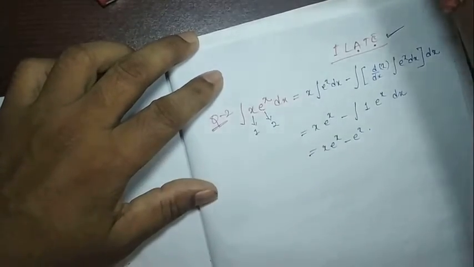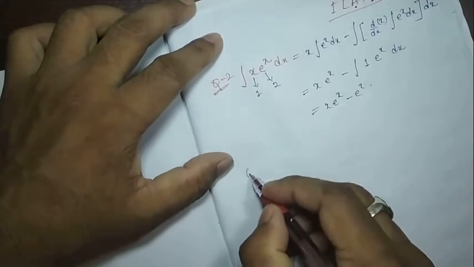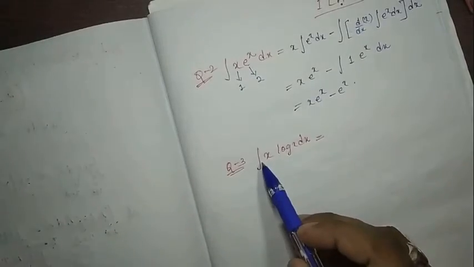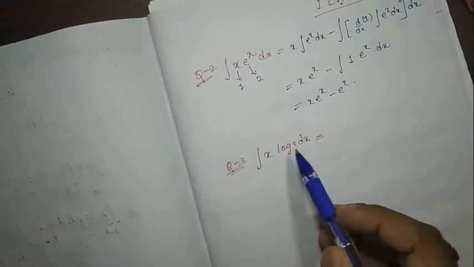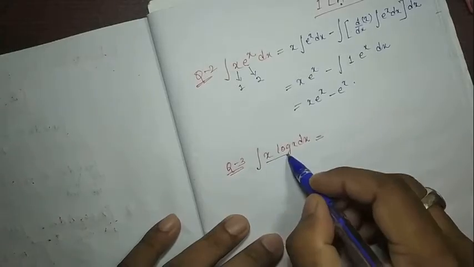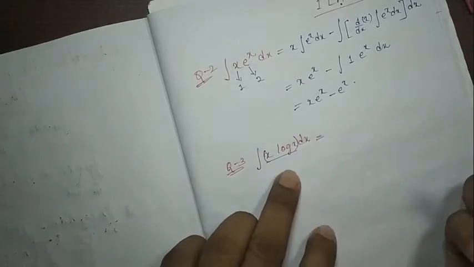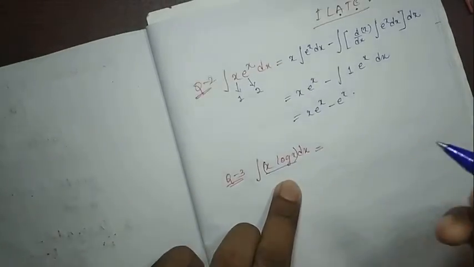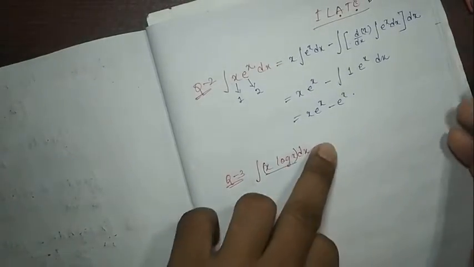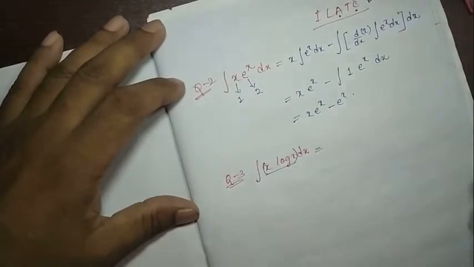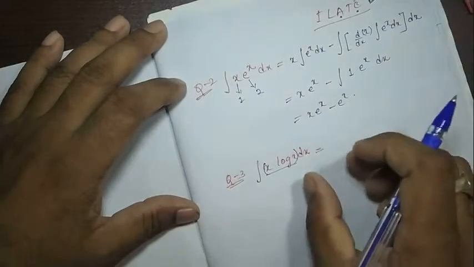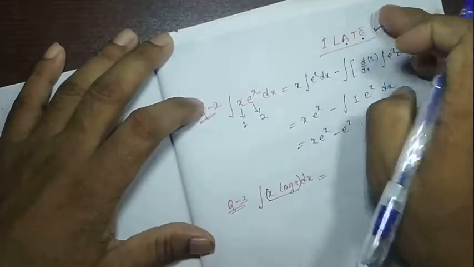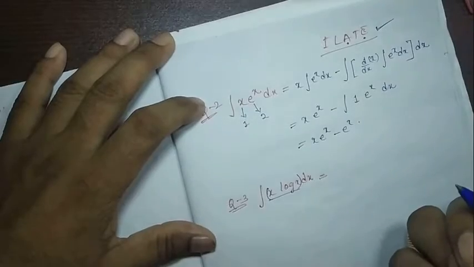Okay, now we have to consider another question, that is x log x dx. Here x and log x are both functions of x, in product form, which indicates that we have to use by parts. For that we have to write the formula, then we have to find the answer. But before we write the formula, we have to consider ILATE to find the first function and second function.